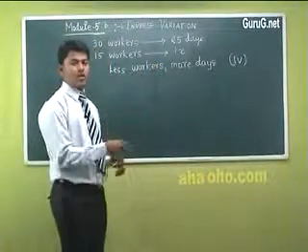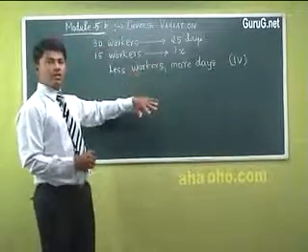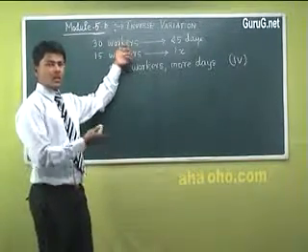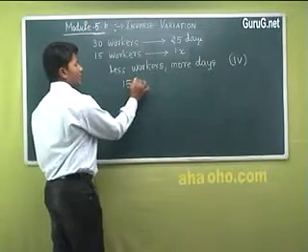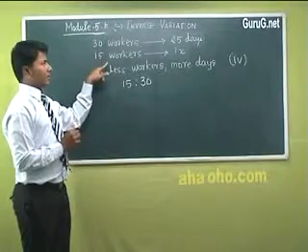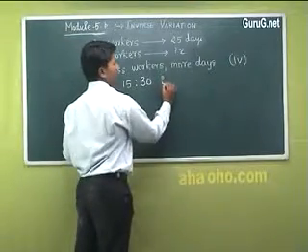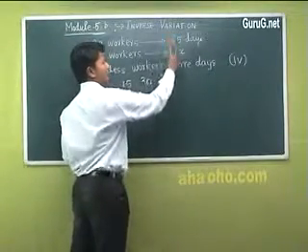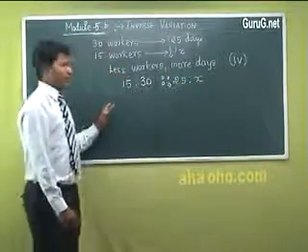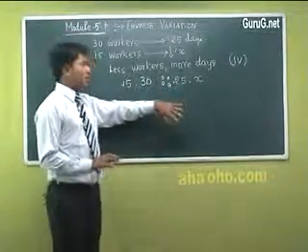So how to mathematically model this question? In direct variation, we took as it is, whereas in inverse variation, take the known quantities in the inverse form. That is 15 is to 30, in proportion with, take this as it is, 25 is to x.